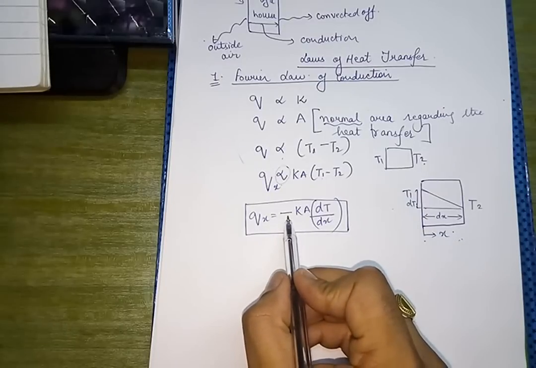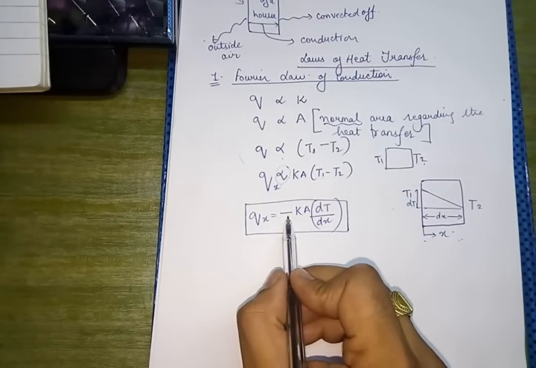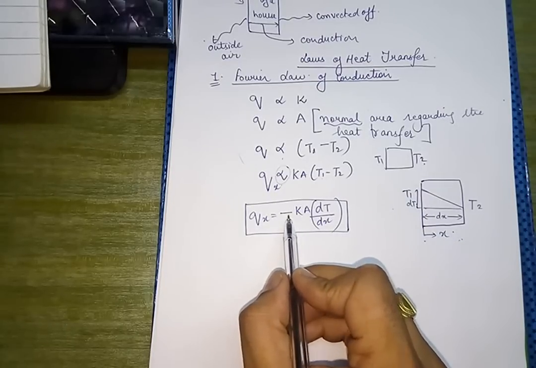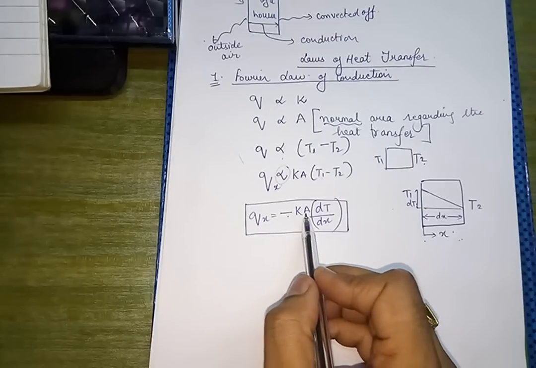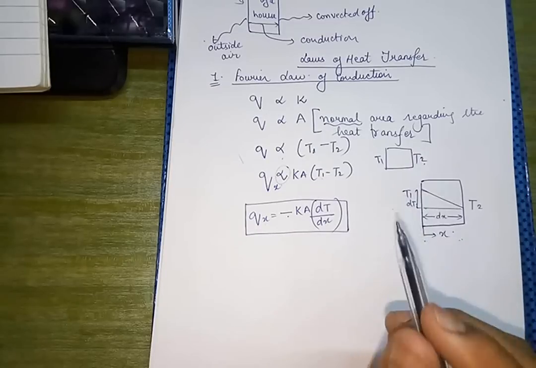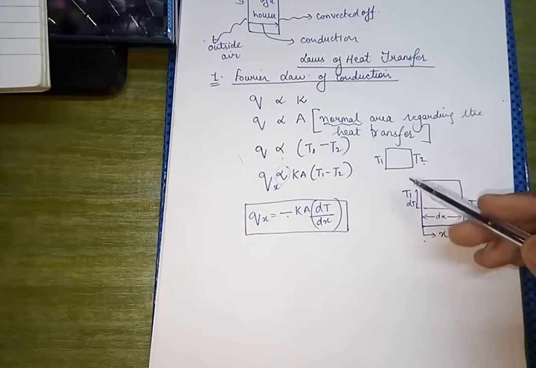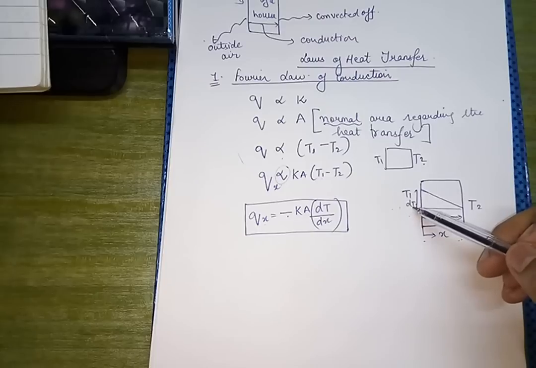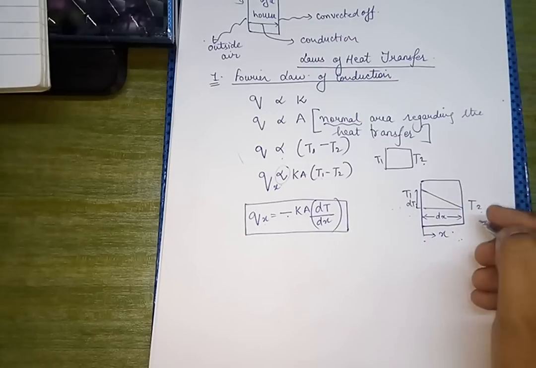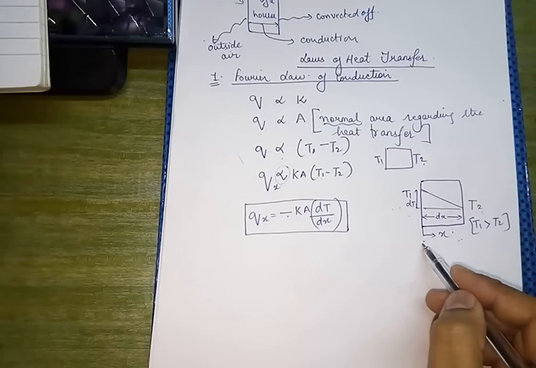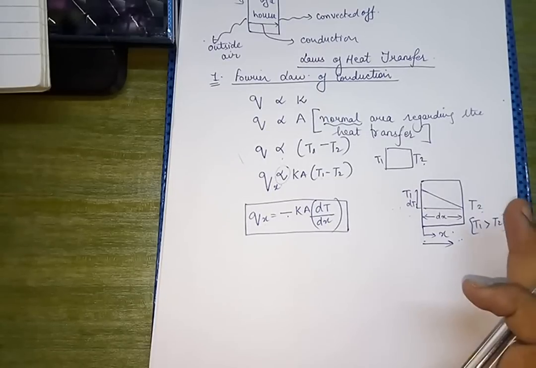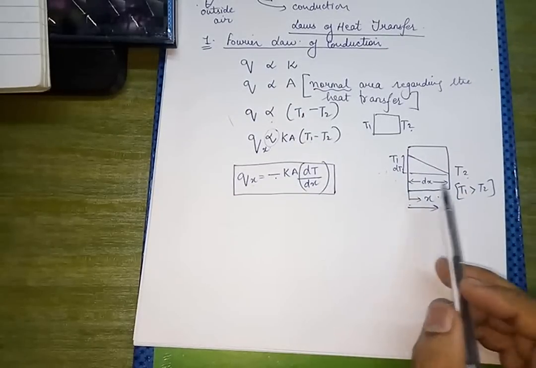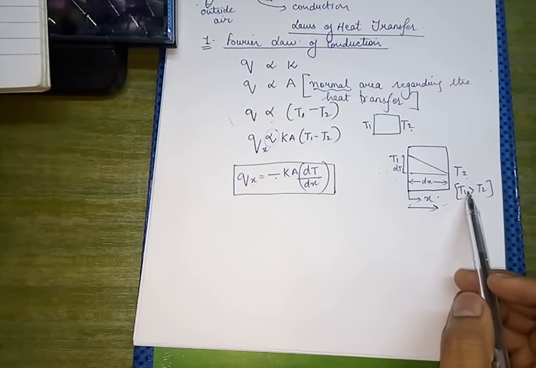Why am I using a minus sign? The reason is that the heat transfer will take place in the direction of decreasing temperature. That means the temperature T1 is definitely higher than the temperature T2, and heat transfer is taking place from the region of higher temperature to the region of lower temperature.